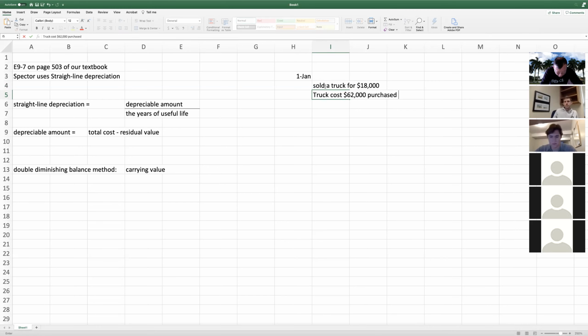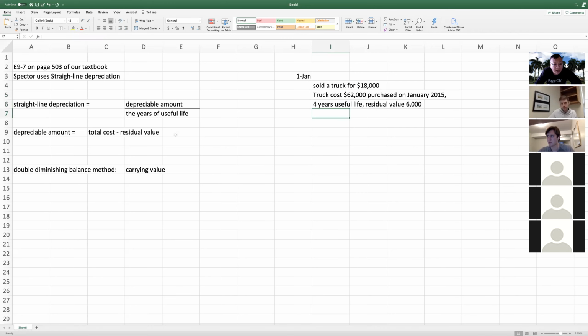Purchased on January 2015, and 4 years useful life, and residual value 6,000. This is all given in the question, okay?